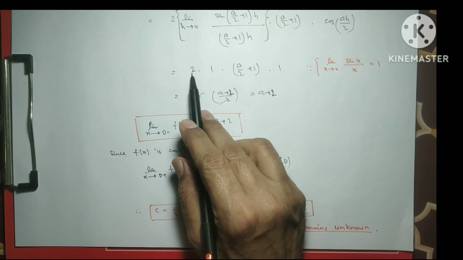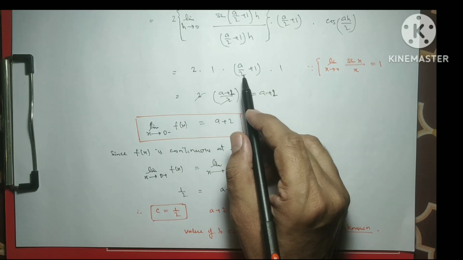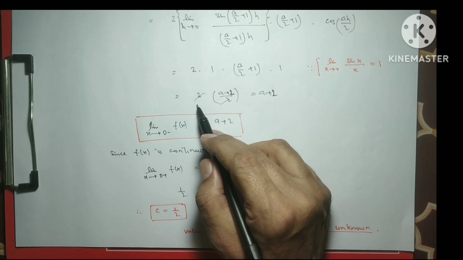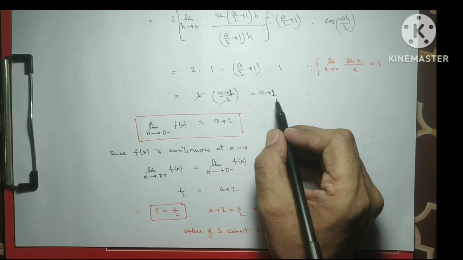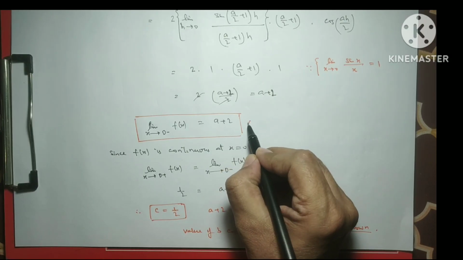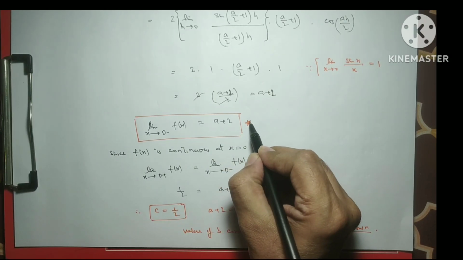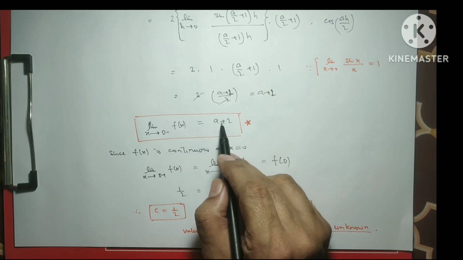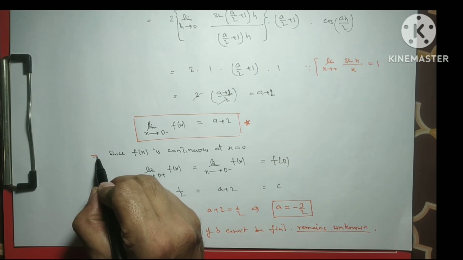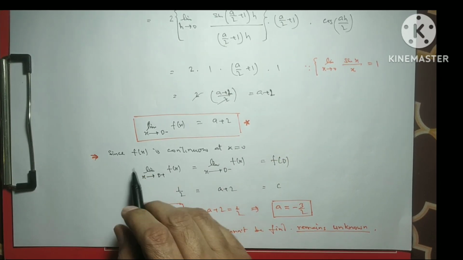So right now we have twice, on taking LCM, a plus 2 by 2. So when we cancel these two, we get a plus 2. So the left hand limit of the function is a plus 2.